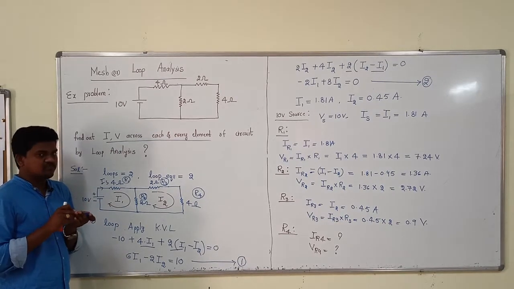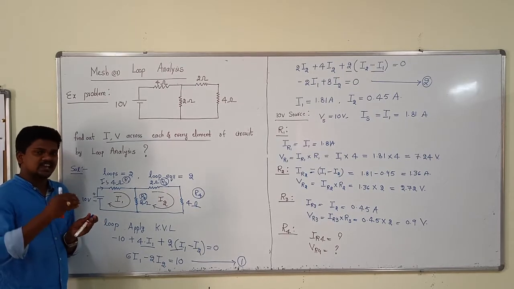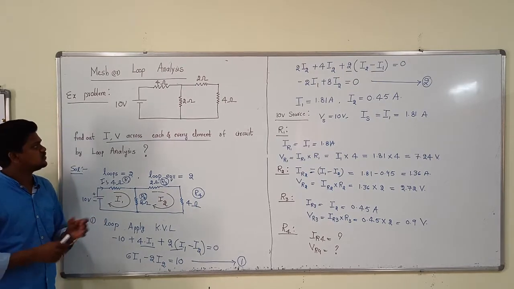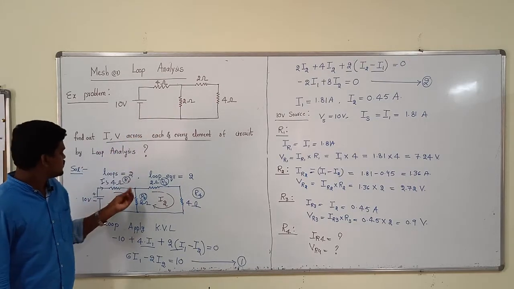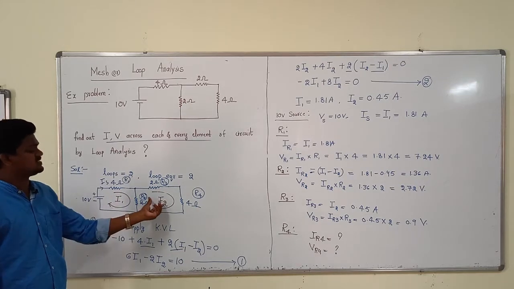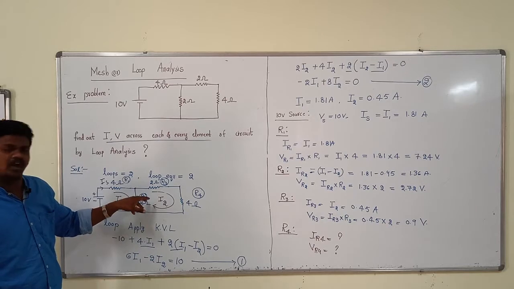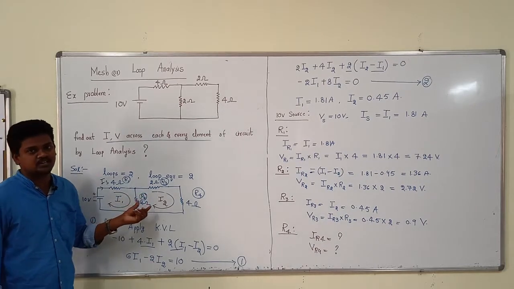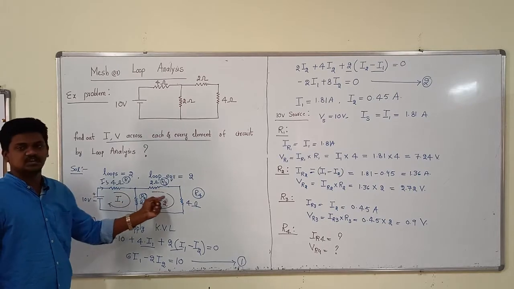Whenever you are asked to find out the current or voltage across any element, first find out how many loops are available. 2 loops, so 2 loop equations. Then assume 2 currents, you can take any direction. Finally the answers will be the same. I am taking the same direction, this is I1, this is I2.